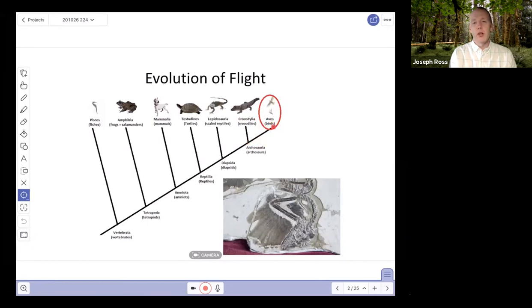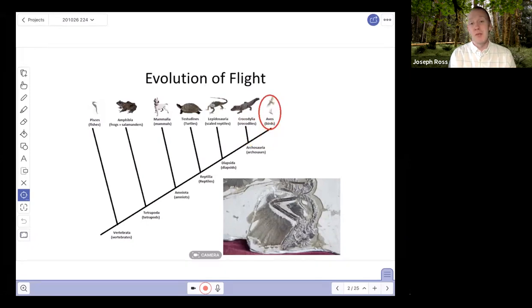And so these sorts of changes in genes that enabled, for example, reduced body size, the hollow bones that are lightweight that allow birds to fly, and particularly feathers, those must have evolved on this branch.